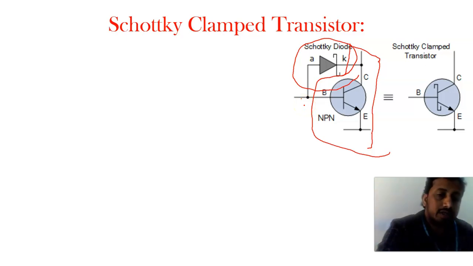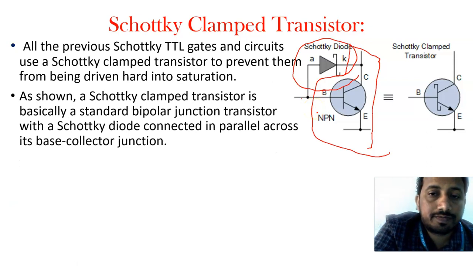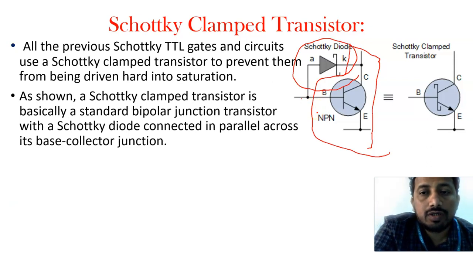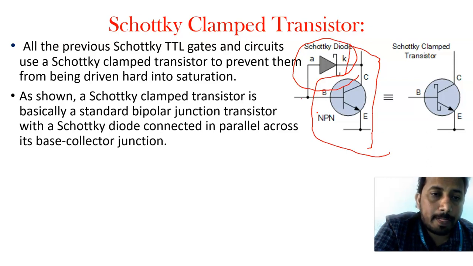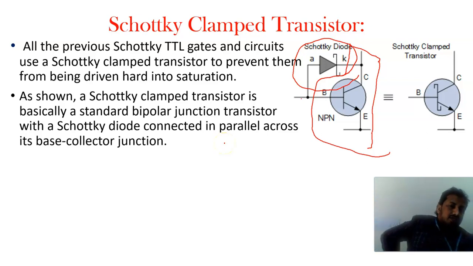So when you look at the characteristics of this one, what happens is that when you clamp the diode, it never allows the transistor to saturate. So whatever the transistor is, you have now clamped it; it is a simple BJT transistor.